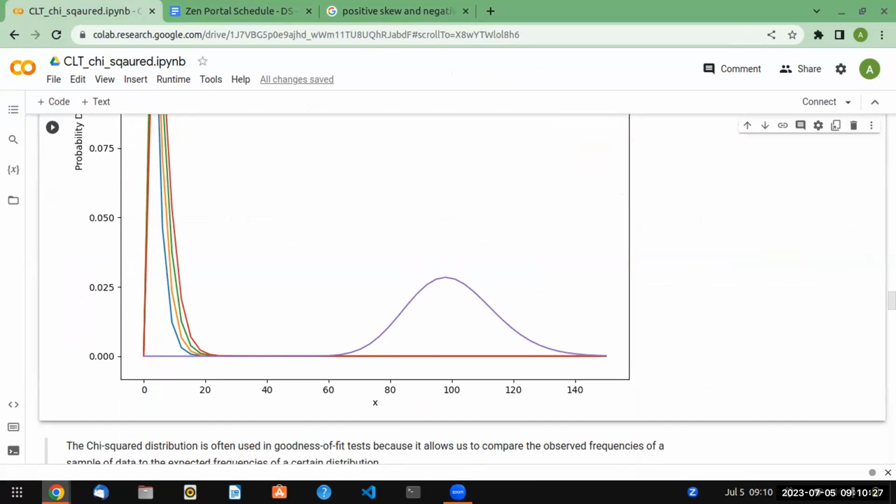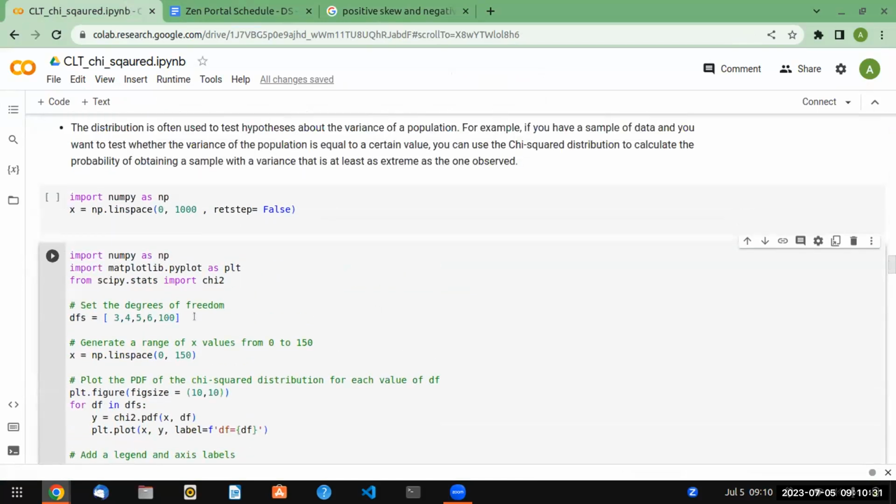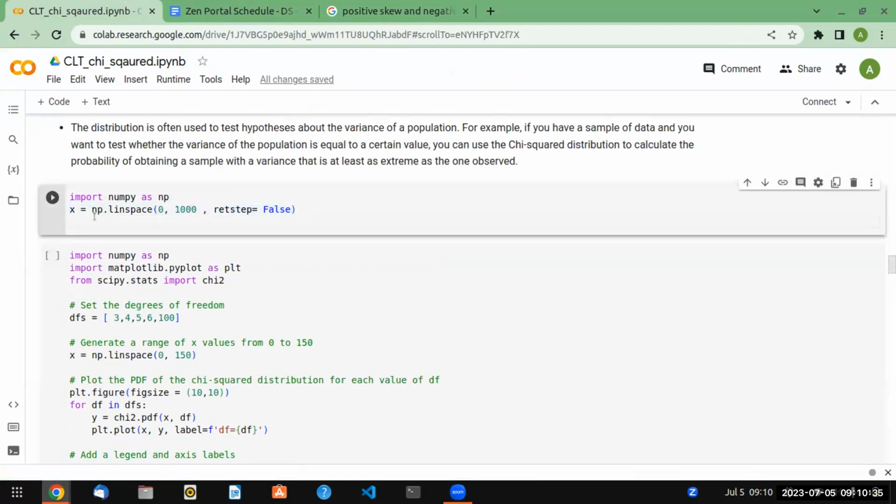That we already saw. Now let's understand how I plotted this one. In the x-axis, I have used numpy and its linspace function. Here I have given 150. What are these x-axis values using numpy linspace? Let me verify this one.